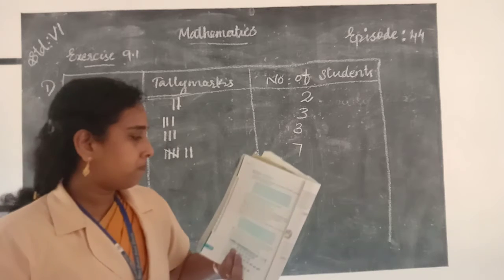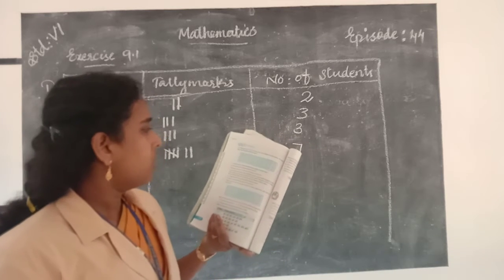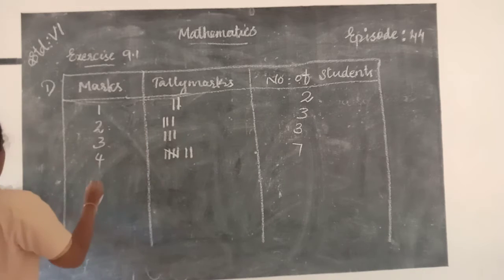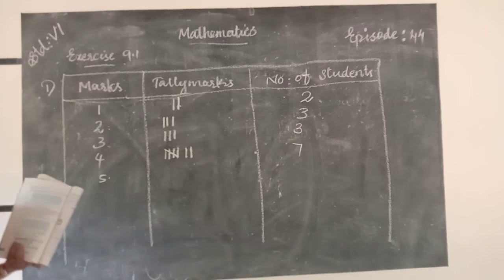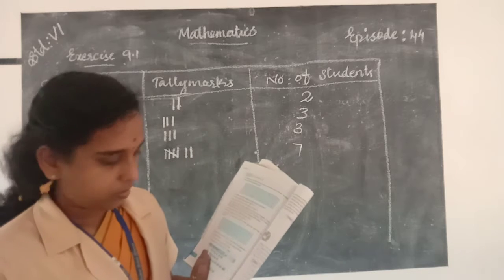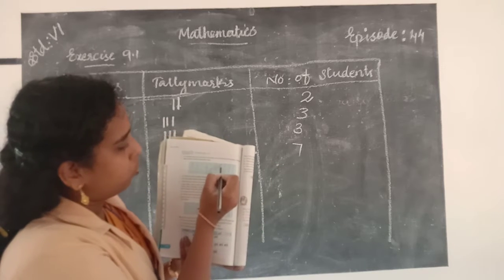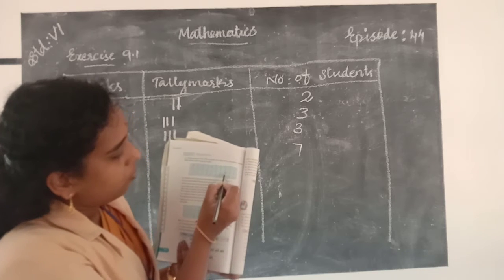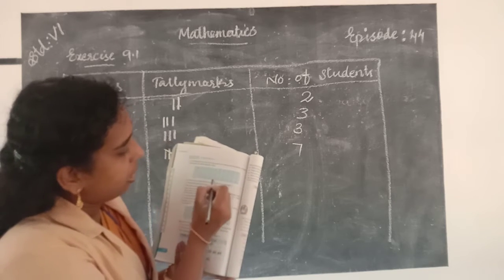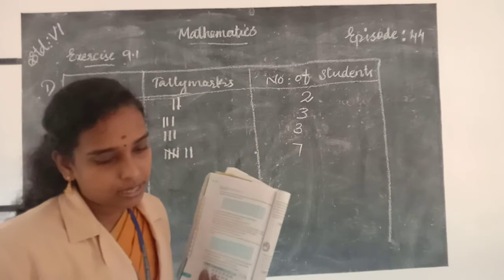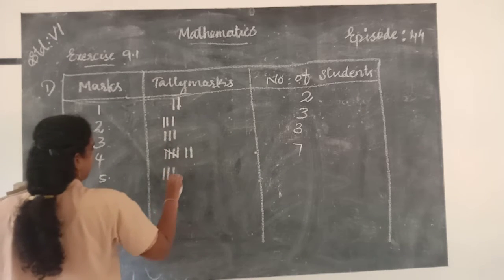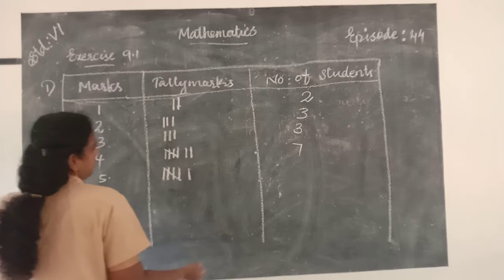Then the next one, the number of students who got 5 marks. Here 1, 2, 3, 4, 5, 6. Okay, 6 students got 5 marks.